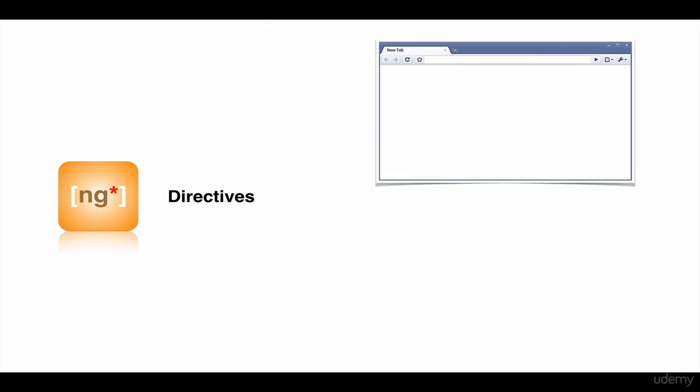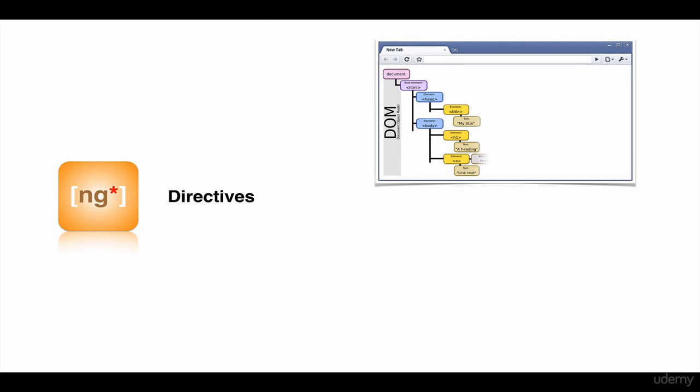First off, let's talk about directives. What are they? Basically, directives are classes that add behavior to a specific element in the document object model. Think of it as an instruction to your document object model.